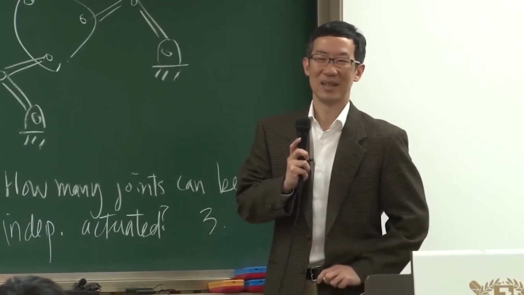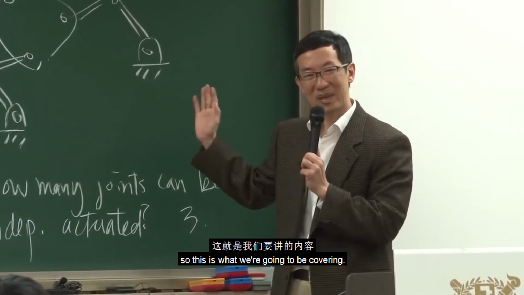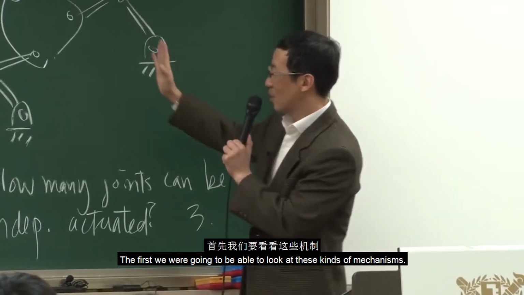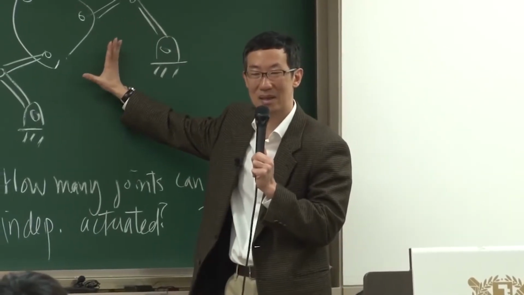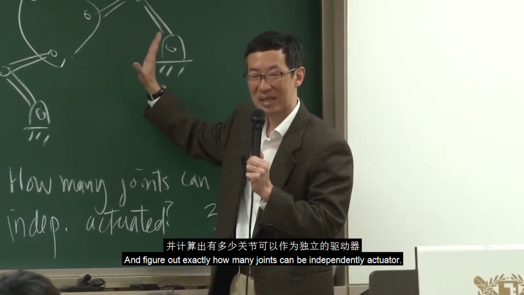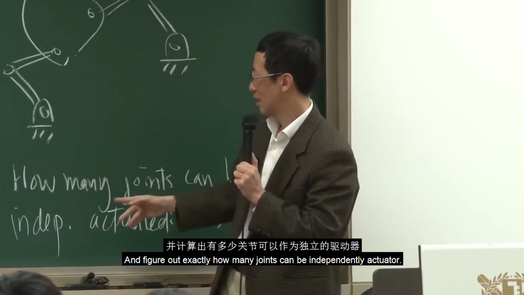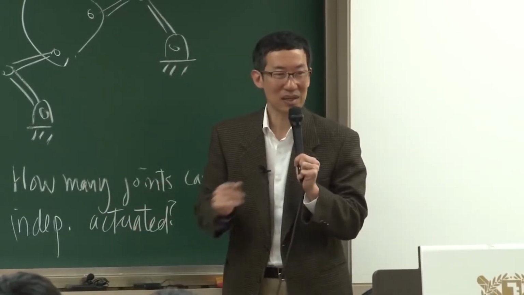All right, so this is what we're going to be covering the first week. We're going to be able to look at these kinds of mechanisms and figure out exactly how many joints can be independently actuated.